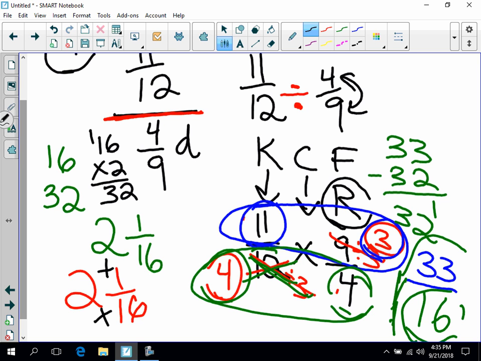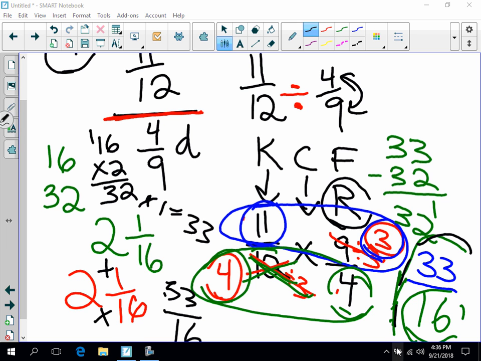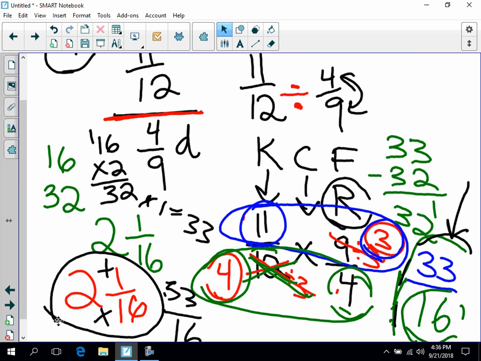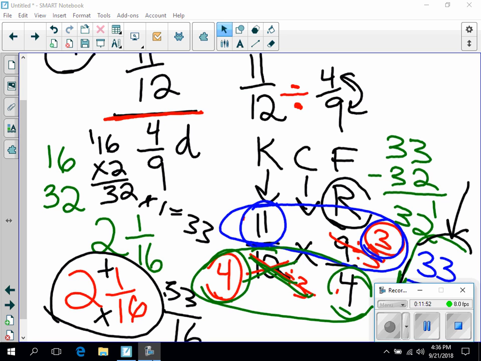And I add the 1, and I get 33. So that would be 33 over 16, which is the improper fraction that we had originally. So 2 and 1/16 is the answer as a mixed number. 33/16 is the answer as an improper fraction. And that's the last example we're going to do in this video.